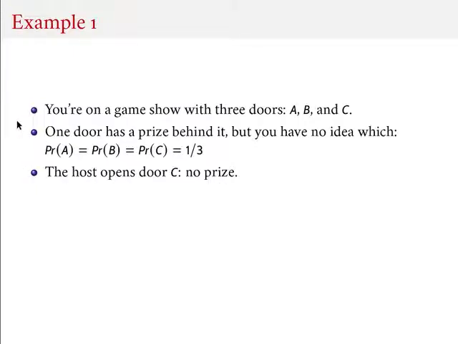So I want you to then suppose that the host, for whatever reason, perhaps they're being kind, opens door C. And you look behind door C and you realize there is no prize.